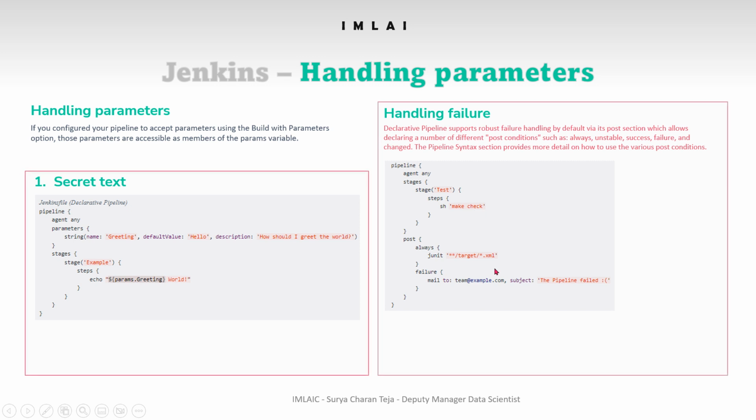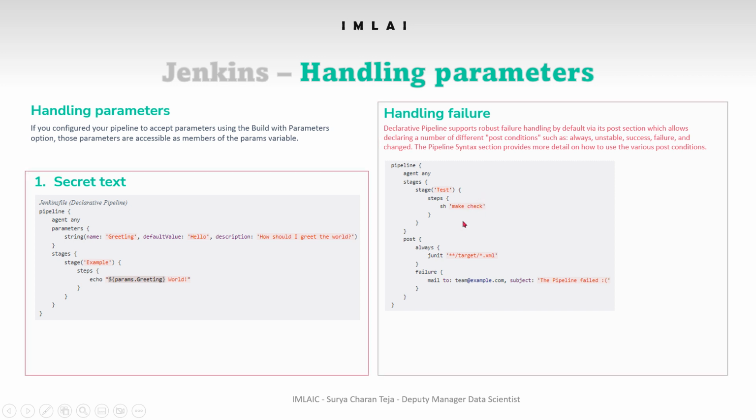Scripted pipeline, however, relies on Groovy's built-in try, catch, finally semantics for handling failures during execution of the pipeline. In this example we are building the stage named test, and in the test example the sh step was modified to never return a non-zero exit code.